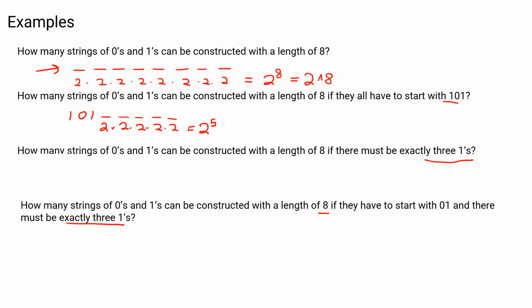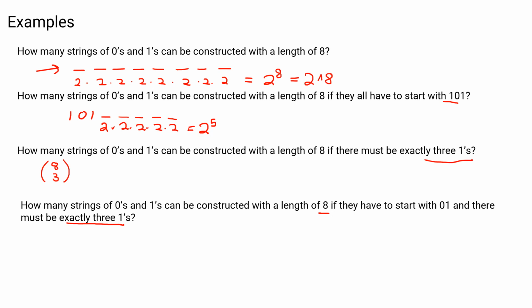We just learned that if we're looking for a certain number of ones, then we can use that combination formula. So it's a length of 8 and we need 3 ones, so we can find the answer by taking 8 choose 3.